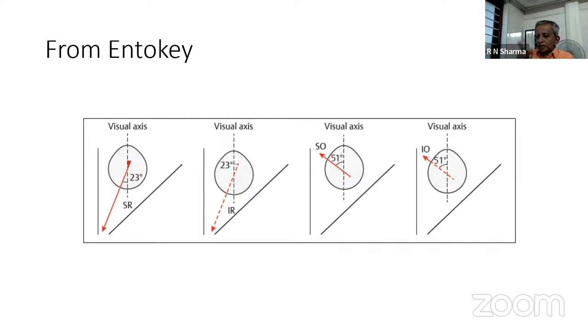Superior rectus elevates the anterior part, superior oblique elevates the posterior part. Therefore, the superior oblique becomes a depressor. When the posterior part is elevated, the anterior part has to come down. Therefore, superior oblique is a depressor, and it will move the posterior outer quadrant more medially towards the midline.